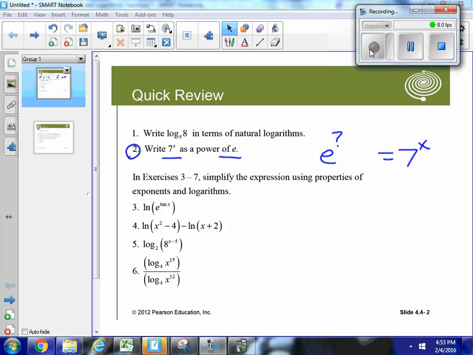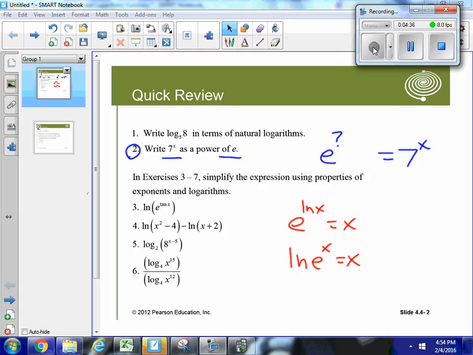To do this, I'm going to use the inverse properties of logarithms and exponential functions, which tell me that if I have e to the ln of x, that is equal to x. And if I have ln of e to the x, that is also equal to x.